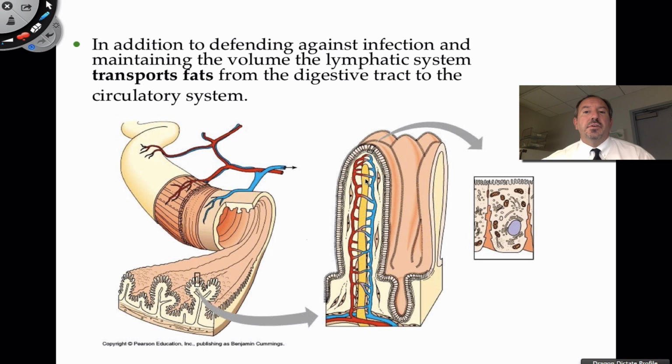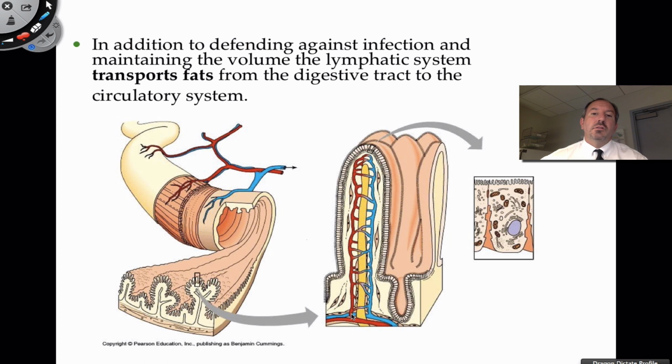And so lymph is mainly water. It has bacteria in it. There's white blood cells in it. There's some proteins in it. But in particular areas, like for example in the intestine, there's a lot of fat that's in the lymph as well. So the lymph carries fat. When I say fat, what I really want to say is chylomicrons, which are the transportation of triglycerides in the lymph.